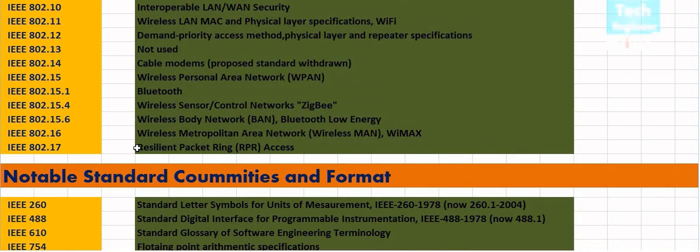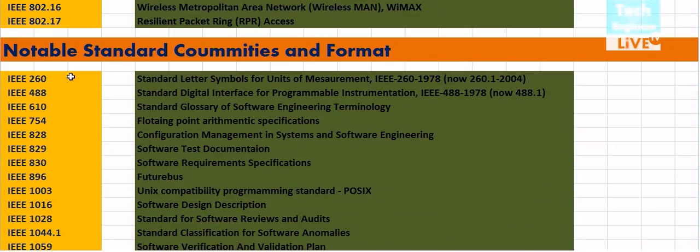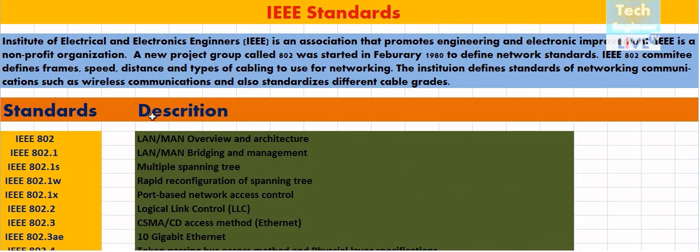So these are the new technologies which are moving very fast. Maybe one day we will see a new version of light fidelity. The list will keep on increasing, and the standardization will keep on increasing.